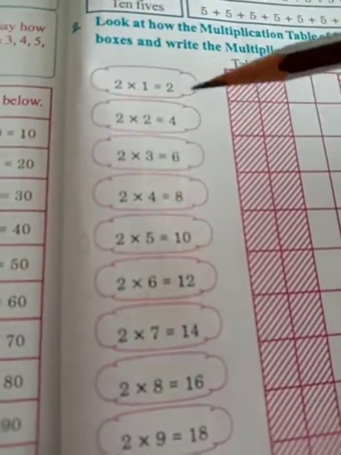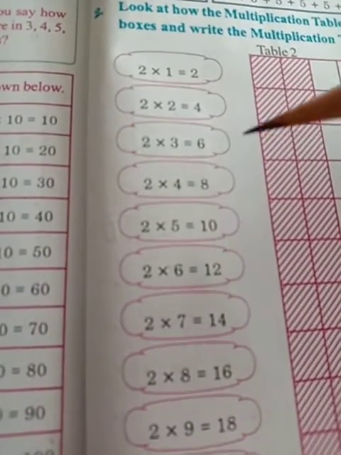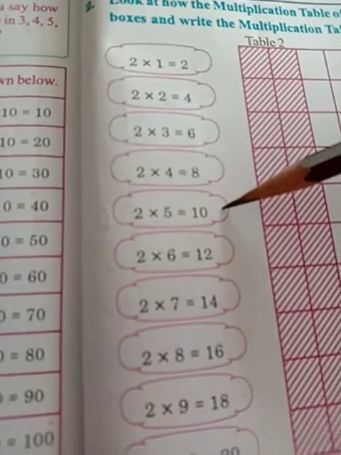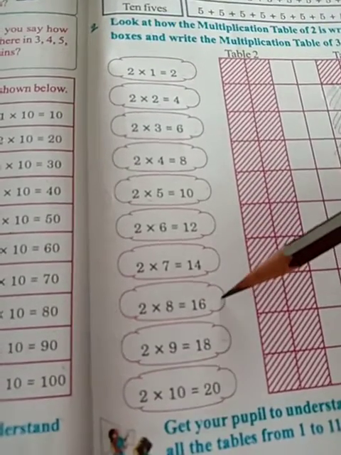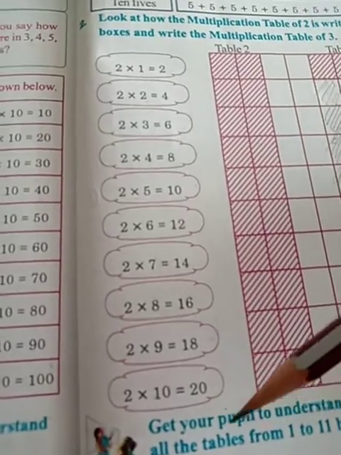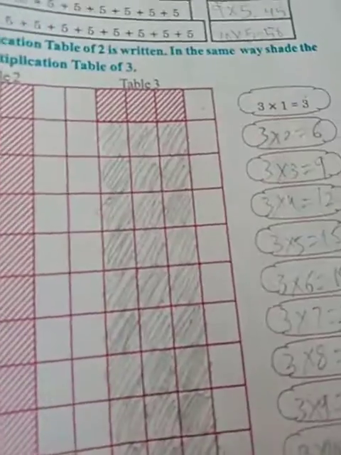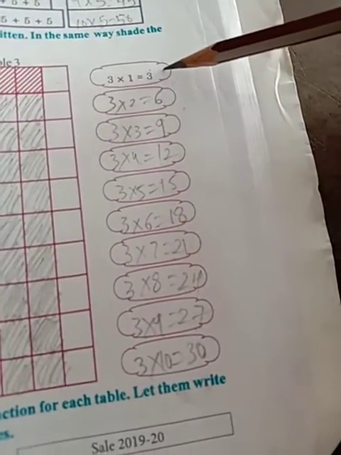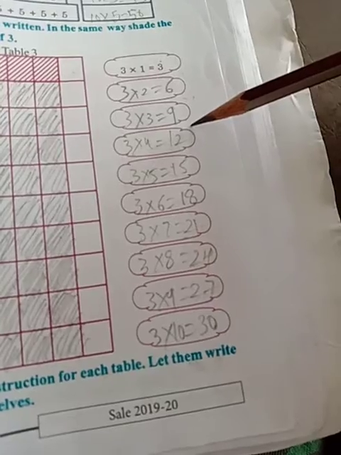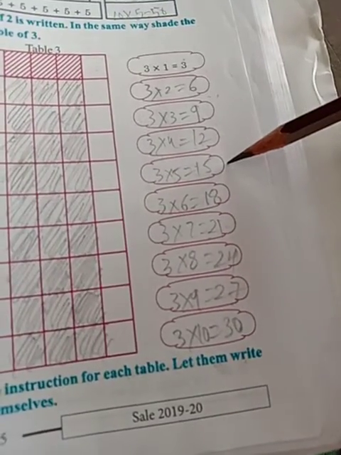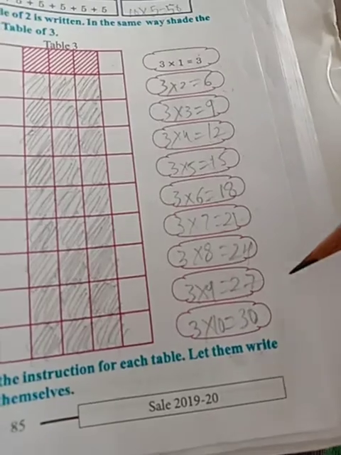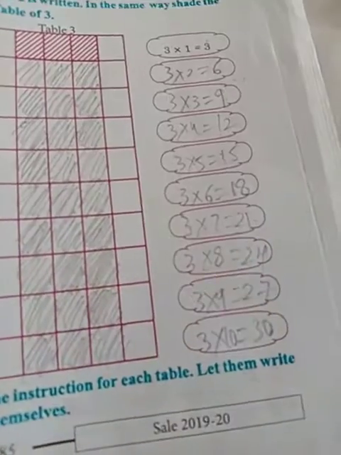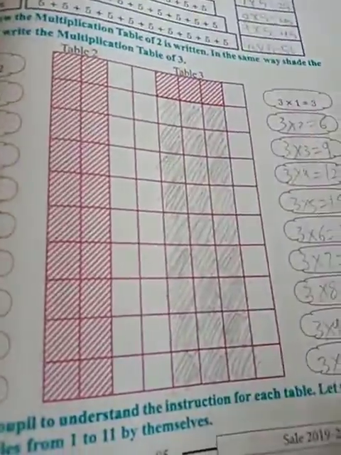Say 2 table, say children. 2 ones are 2, 2 twos are 4, 2 threes are 6, 2 fours are 8, 2 fives are how much? 10, 2 sixes are 12, 2 sevens are 14, 2 eights are 16, 2 nines are 18, 2 tens are 20. 3 table. 3 ones are 3, 3 twos are 6, 3 threes are 9, 3 fours are 12, 3 fives are 15, 3 sixes are 18, 3 sevens are 21, 3 eights are 24, 3 nines are 27, 3 tens are 30.